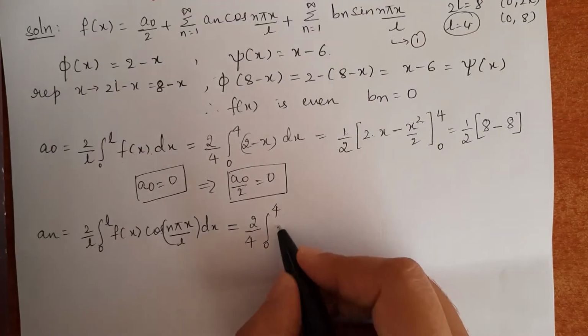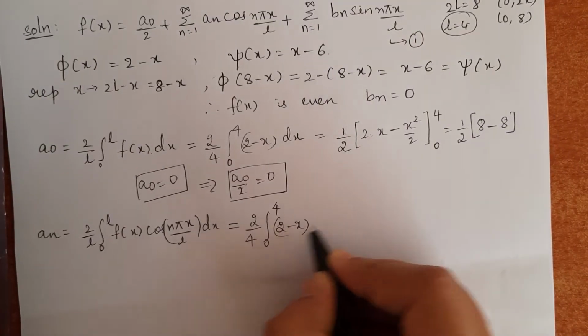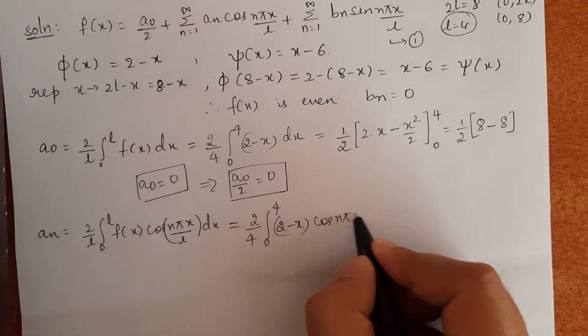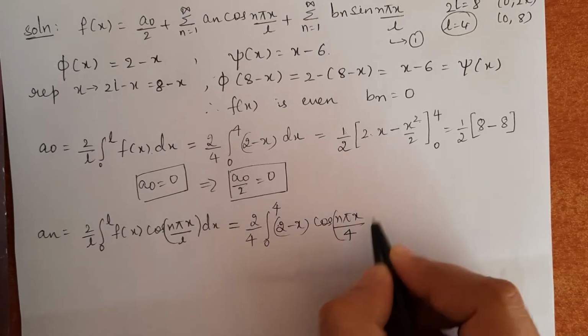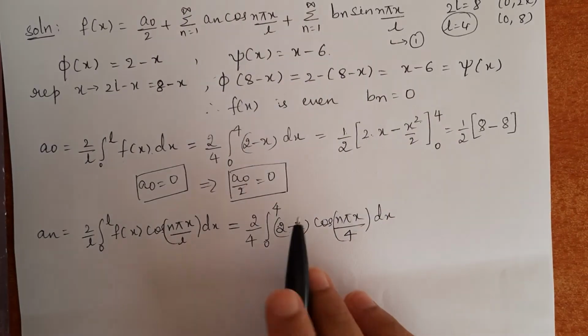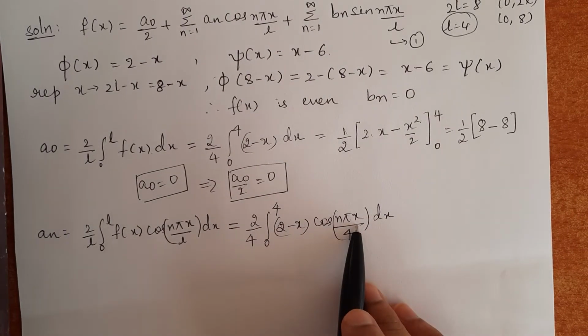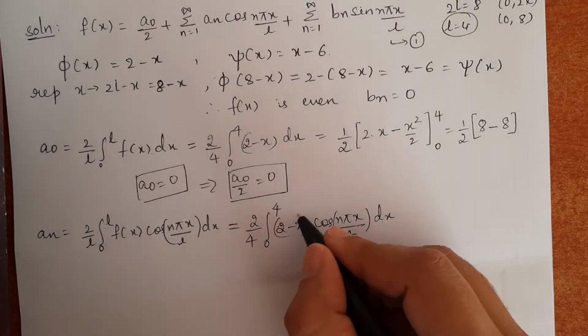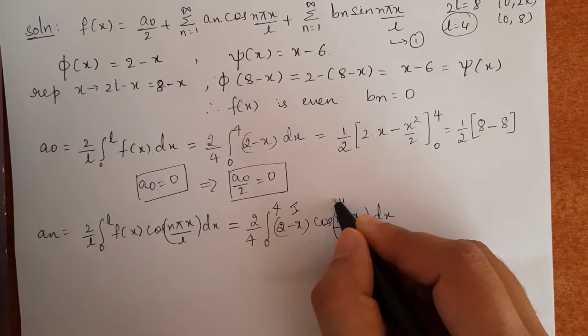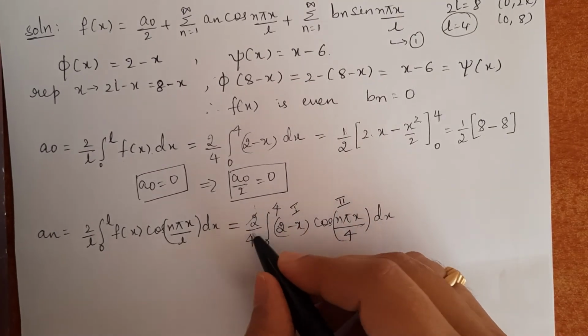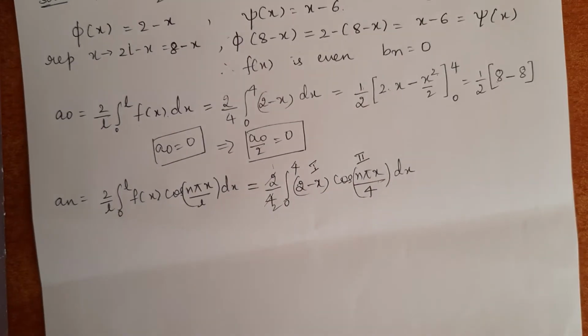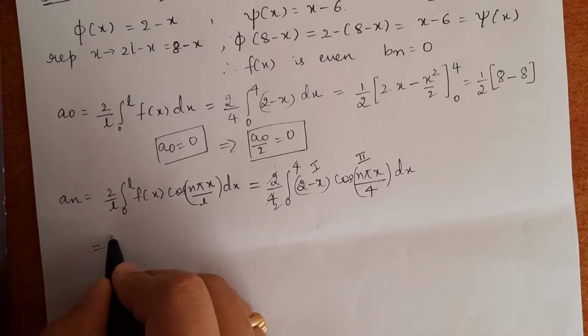I will substitute it: 2 minus x into cos n pi x by 4 into dx. Here we have a product of two terms. I should apply Bernoulli's rule of integration. So, for that this is the first function and this is the second function. Here 2 1s are 2, 2 2s are 4. So, let me apply Bernoulli's rule of integration.